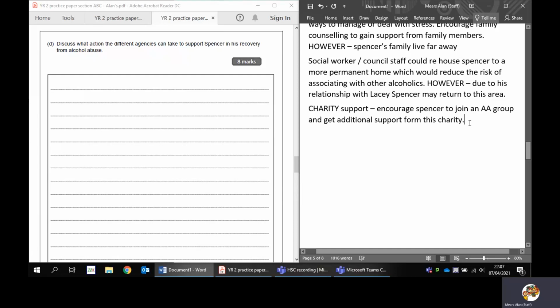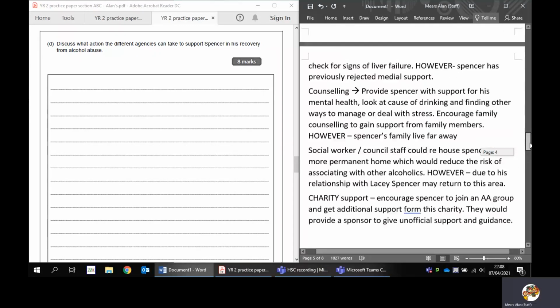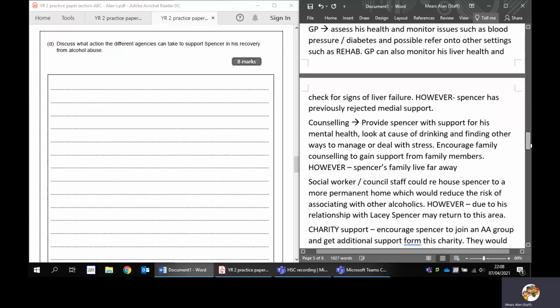There we go. They would provide a sponsor to give unofficial support and guidance. There we go. So we've given 4 different supports, 4 different agencies, with an explanation of what each would do. We've also kind of considered the problems, the issues that could come about by providing this support.